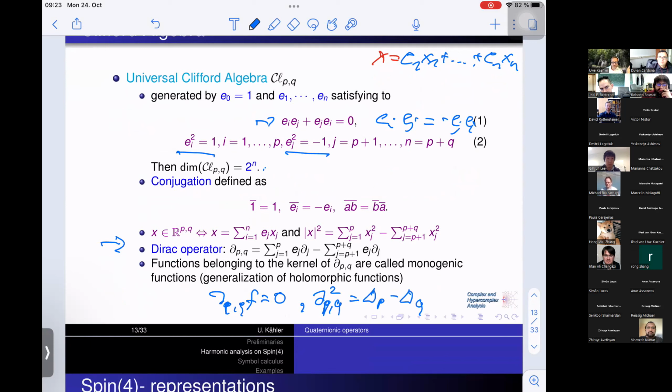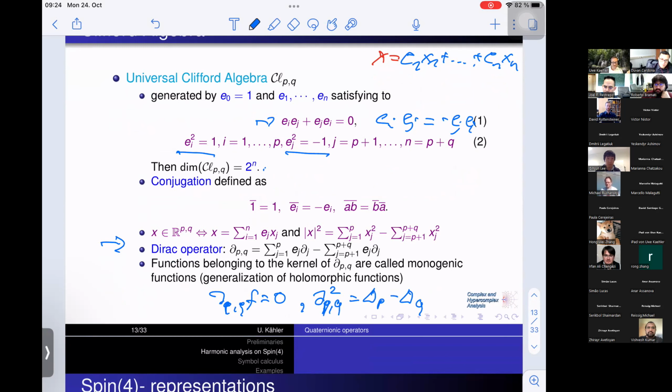That means if p is 0, you have something which factorizes the classic Laplace operator. So in particular, monogenic functions, just like holomorphic functions, are also harmonic functions.